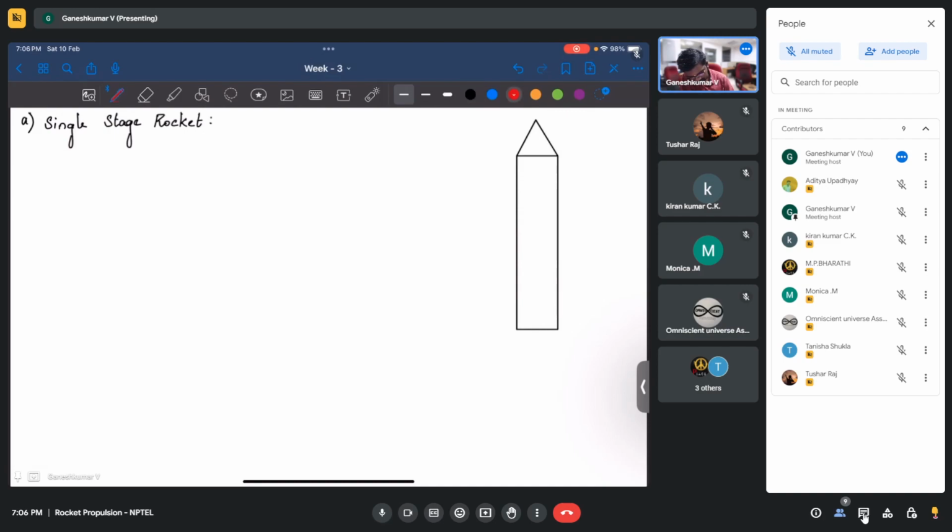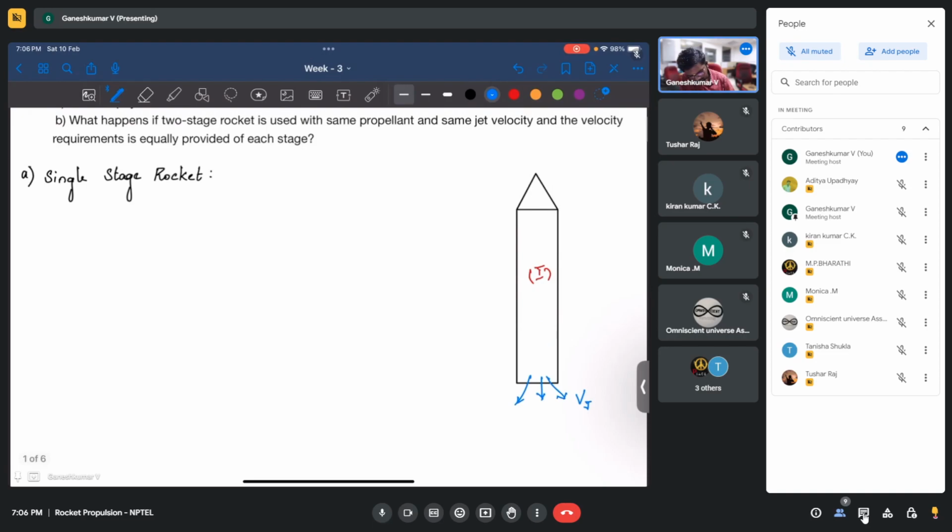This is the single stage rocket. There's going to be only one stage, and gases are coming out with VJ, and it has a payload.